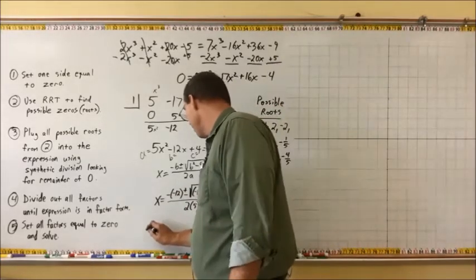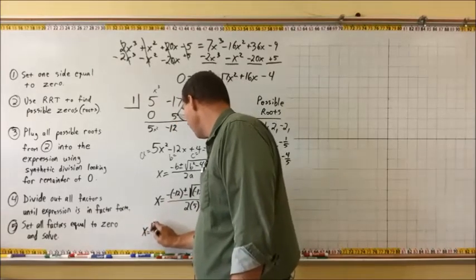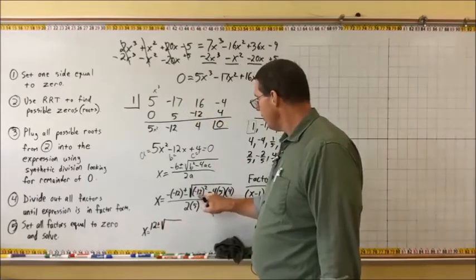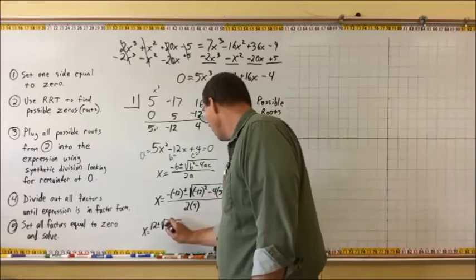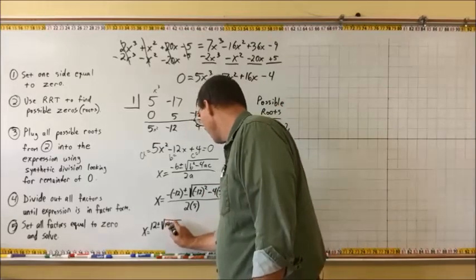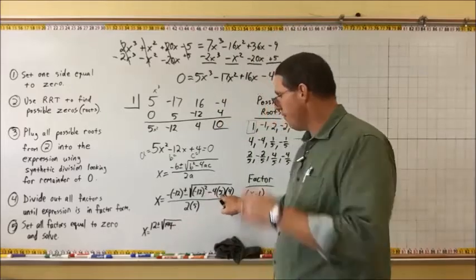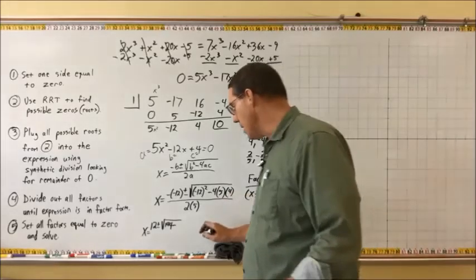So now x is going to be equal to negative 12 is positive 12, plus or minus the square root of negative 12 squared, that's 144, minus 4 times 5, that's 20, 20 times 4, that's 80.